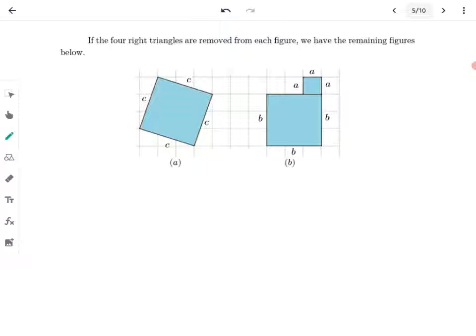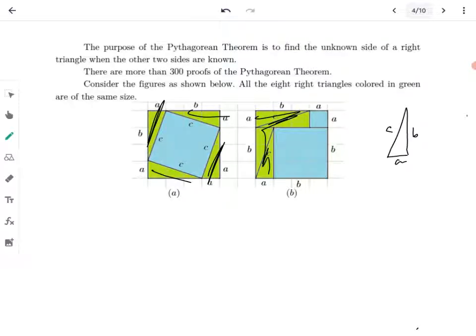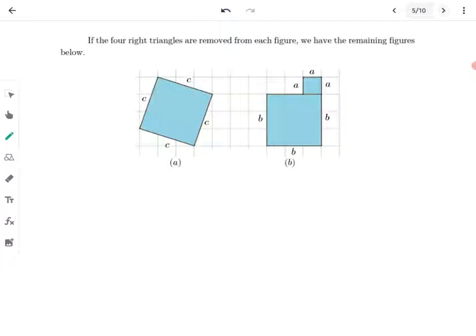Since we remove the same area in A and in B, the remaining figures will also have the same area.